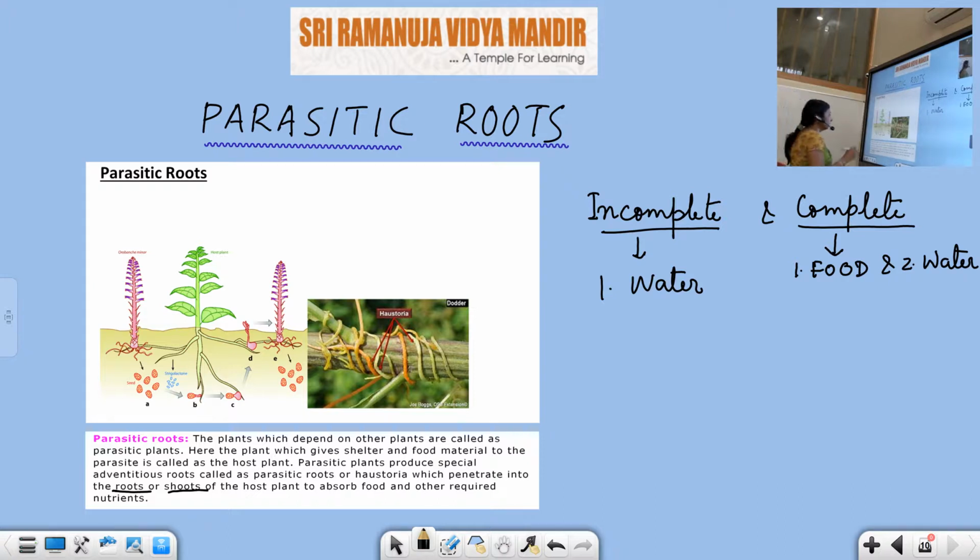So here see the Cuscuta, we have seen the diagram of Cuscuta. Cuscuta is a complete stem parasite.